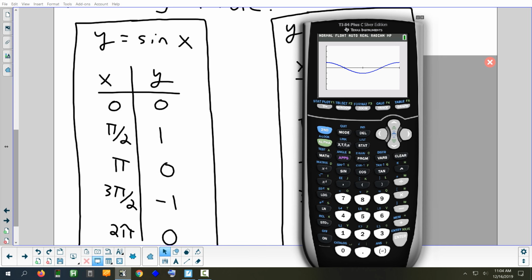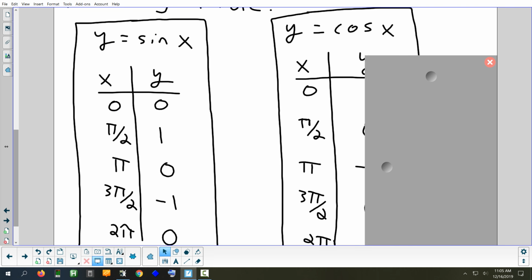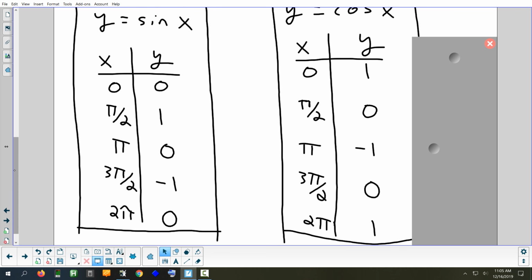Eric? It starts at 1. And then a quarter of the way through the cycle, where am I at? 0, then negative 1, 0, 1. Yep. So it's the same y values, but they're in a different order.